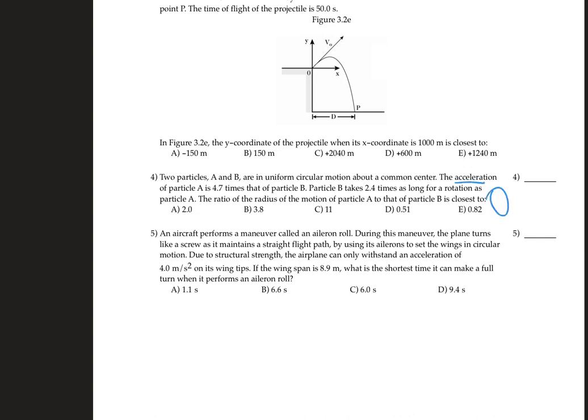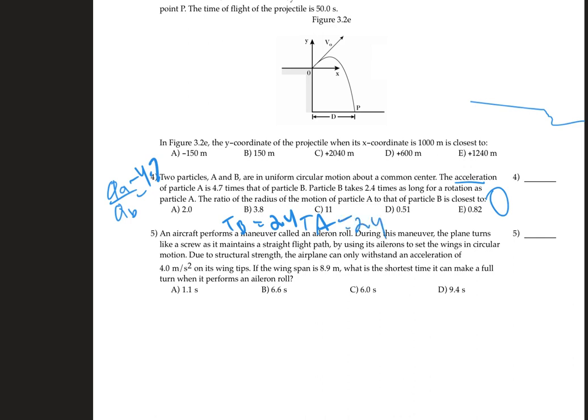The acceleration for A is 4.7 times the particle B, and B takes 2.4 times as long for a rotation as particle A. So B is obviously farther out from the common center, and the acceleration of A is much larger. So here we're finding the ratio of the radius of motion of particle A to that of B. We have to find the acceleration of A over B, which gives us 4.7, and then the time period of B over A, which is 2.4.